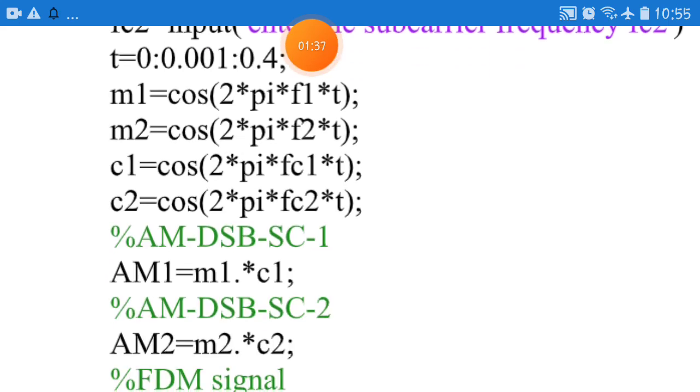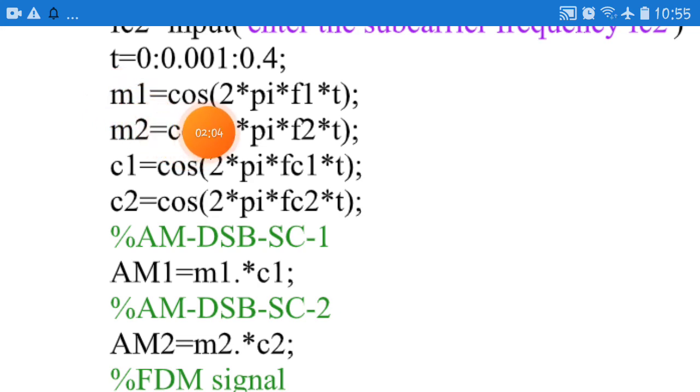Okay, so T is created, a column matrix T equal to 0 colon 0.001 up to 0.4. So 0 is the initial value and 0.4 is the last element, and 0.001 is the incremental value. So it creates a column matrix of T.